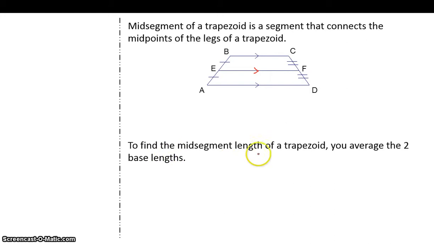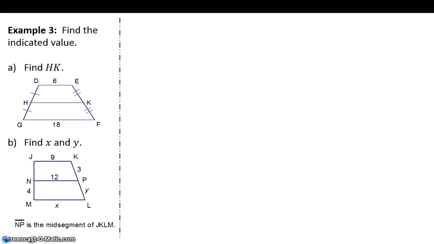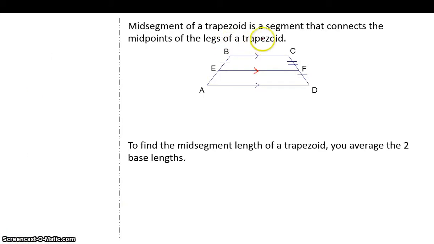Okay, so now to find the mid-segment length of a trapezoid, you average the two base lengths. Remember, the average is when you add it up, and there's two bases, so you're going to divide by 2. So for instance, if I was putting numbers, let's say this base is 10 and this base is 22 units.